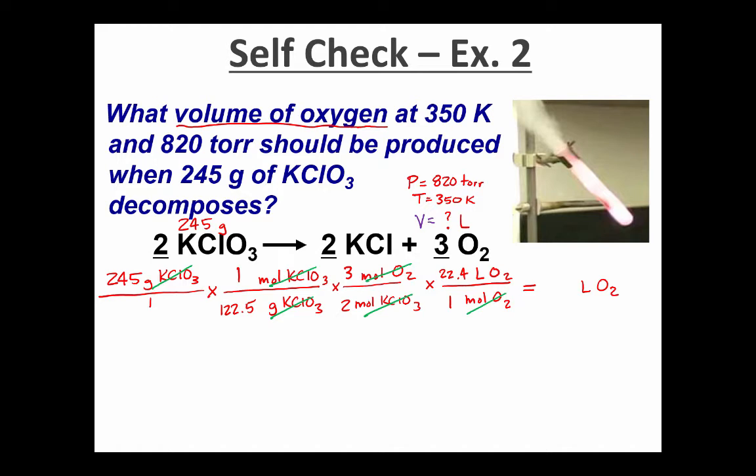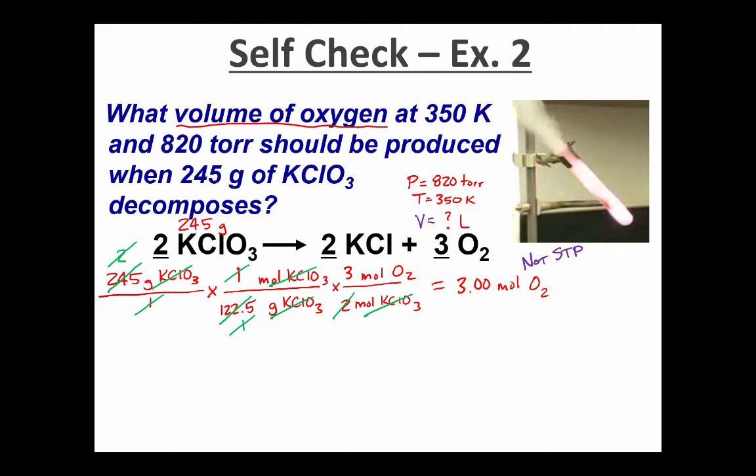But wait, I can't use this conversion factor because the conditions are not STP. So here's how we'll solve this. We skip the final step, instead calculating the moles of O2. A few simplifications reveal that we'll make 3 moles of O2.